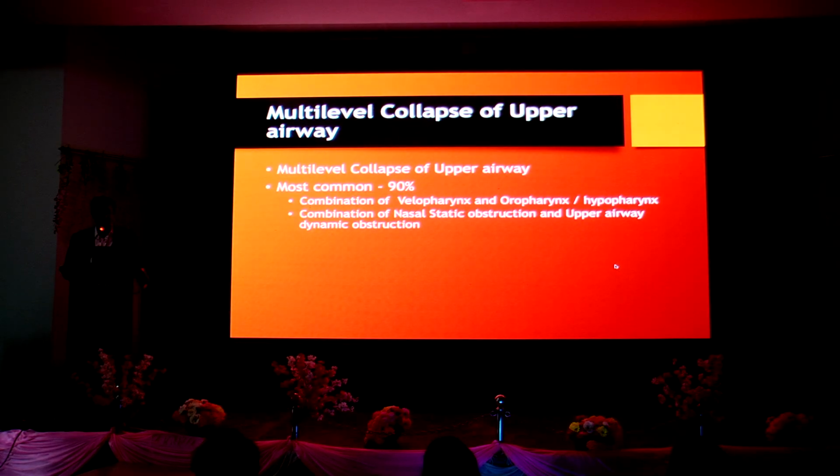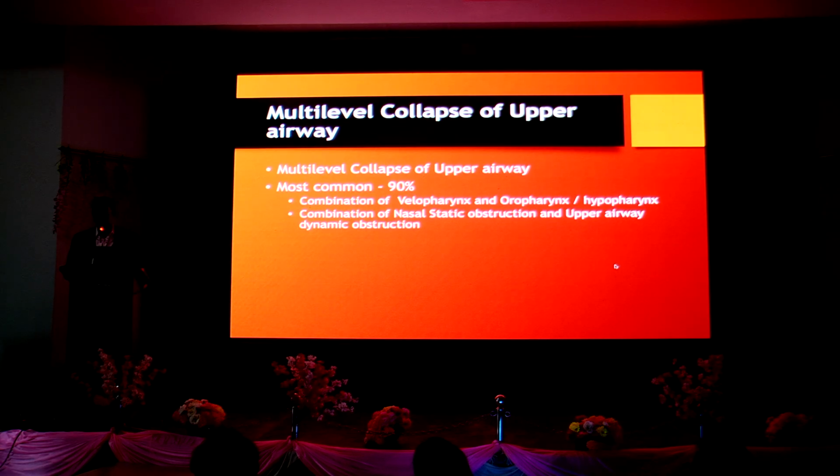Identifying the multi-level collapse of the upper airway is most important, and it is common in almost 90% of our patients. Only the remaining 10% may have only retropalatal collapse or retrolingual collapse. So there can be a combination of velopharynx and oropharynx or hypopharynx, or a combination of nasal static obstruction with upper airway dynamic obstruction.